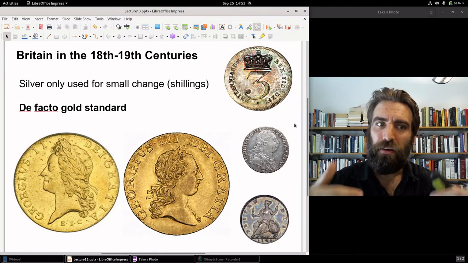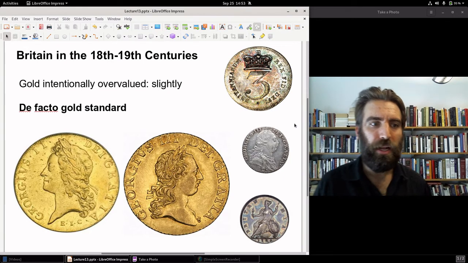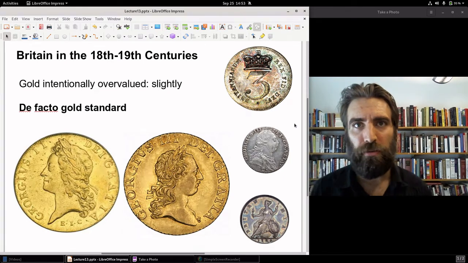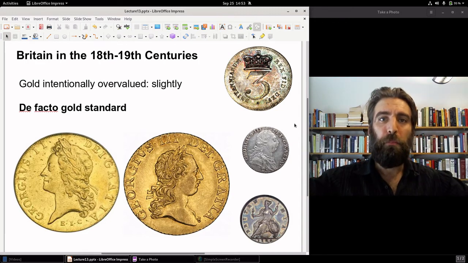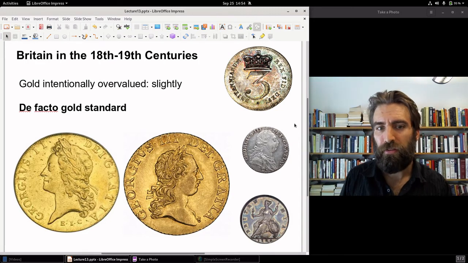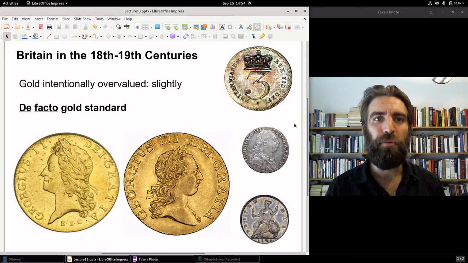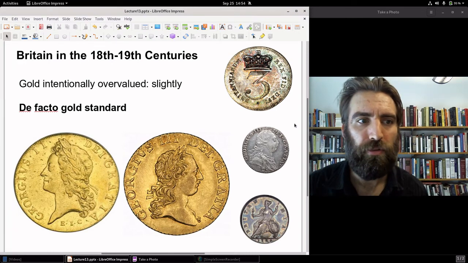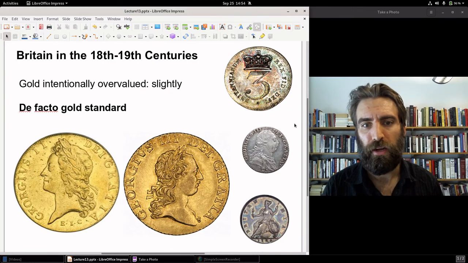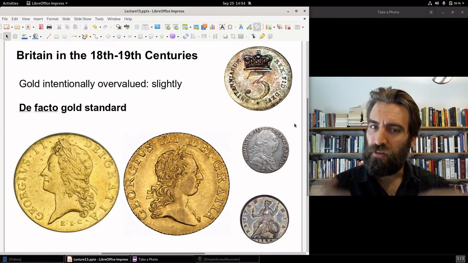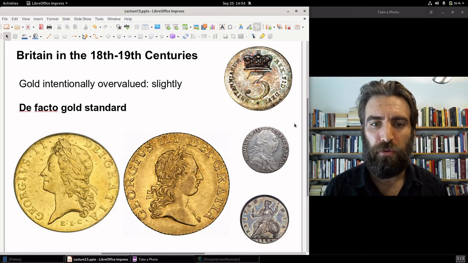Gold was slightly favored intentionally by the English mint, so that Britain, beginning in the 18th century, even though technically it was on a bimetallic standard, and even though technically the pound sterling was defined in terms of silver, the intentional overvaluing of gold placed Britain in the 18th and 19th centuries on what you could say was a de facto gold standard, where most of the heavyweight currency is going to be gold, and silver is relegated to small change.